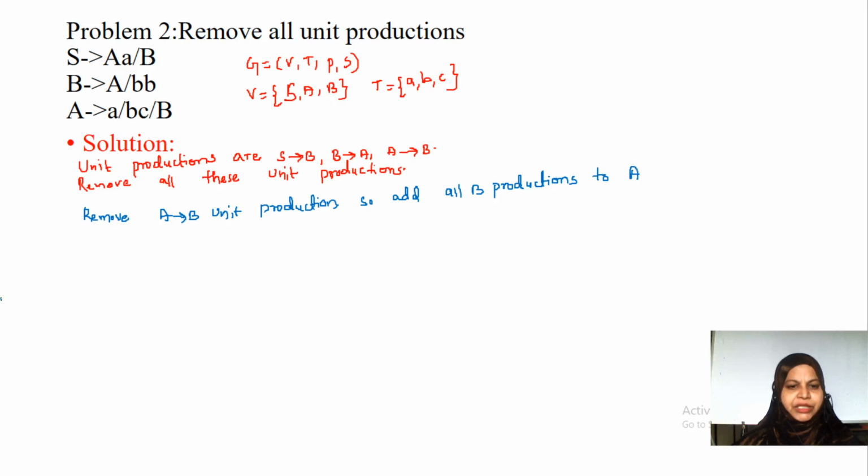all B productions to A. What are the B productions? See here, only BB is there. Only BB is there. Just we have to add B tends to A also. The only B production is B tends to BB. That's why I'm going to add.